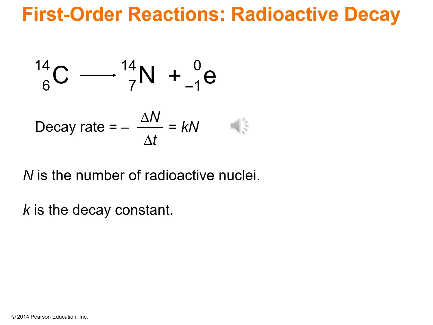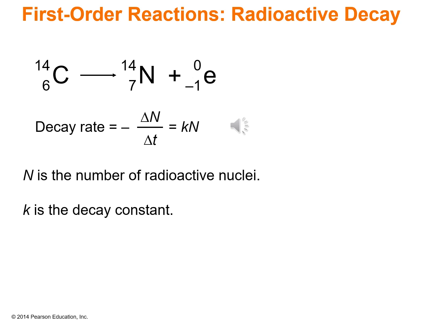Radioactive decay is an example of a first-order reaction. Earlier in 151, you may have seen isotopes. Many of the isotopes that we looked at were radioactive, as carbon-14 is radioactive.